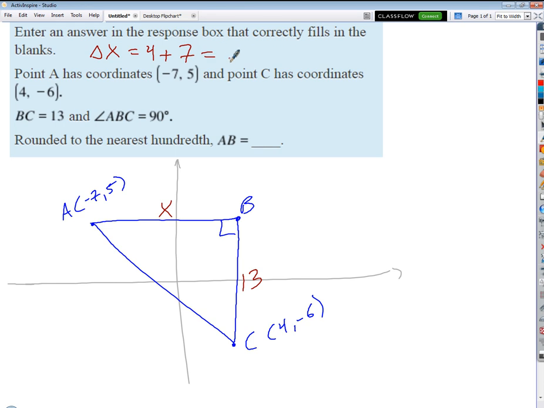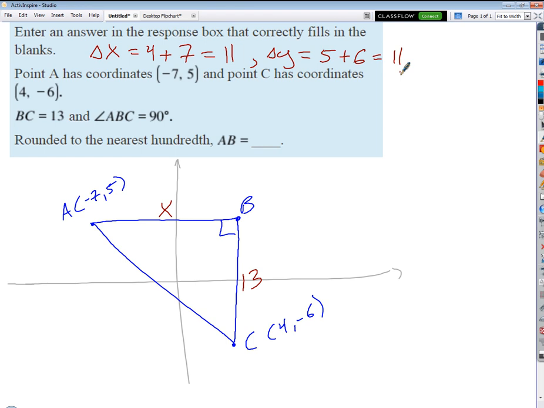So we get 11. Okay, what about delta Y? What are my two Y values? 5 and -6, which is bigger? 5. So 5 minus a negative makes a plus 6, equals 11.